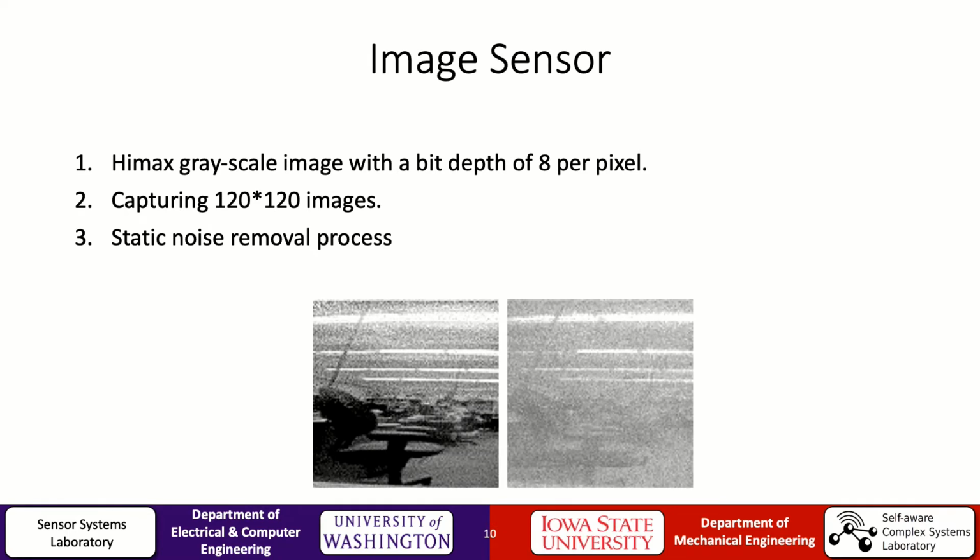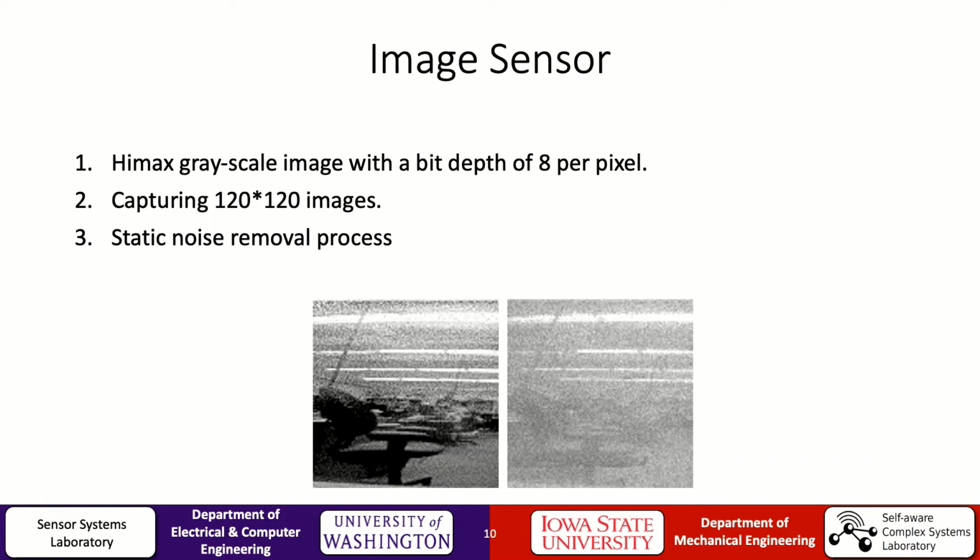We use a HiMax image sensor to capture 120 by 120 grayscale images. Per each pixel, the image sensor outputs 8 bits. Since this image sensor is low power, it does not have any noise removal block to improve the quality of the images. So, we place a white paper in front of the lens and record hundreds of images.